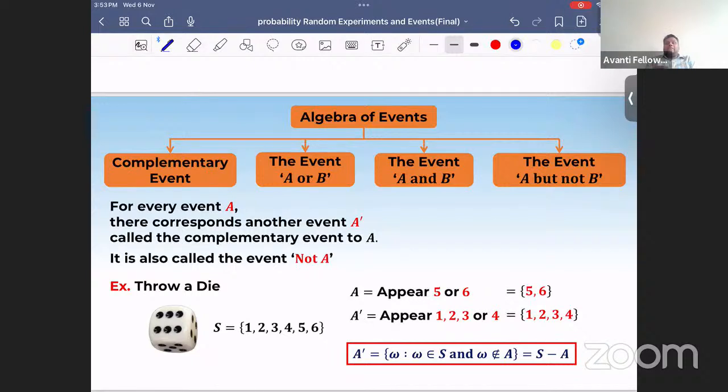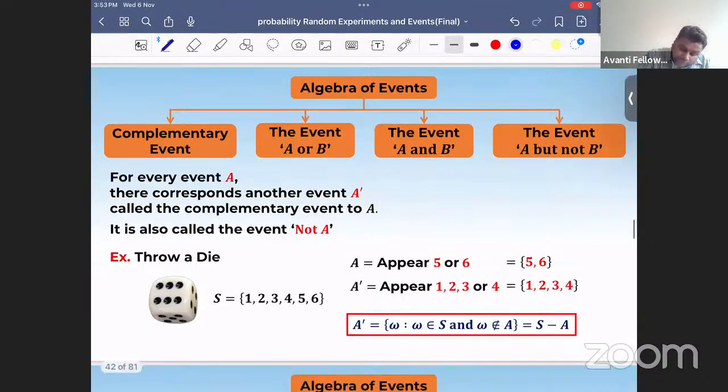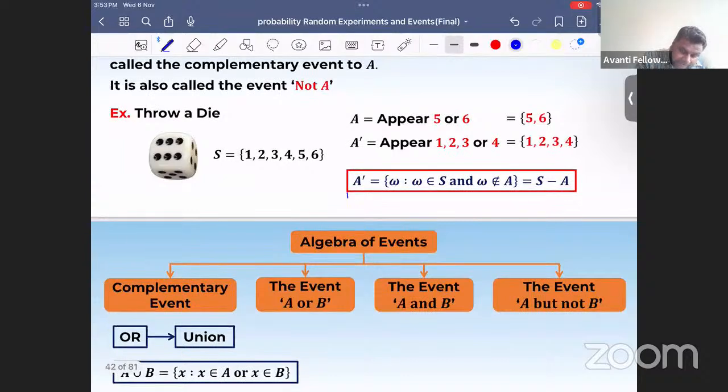So A complement is occurrence of 1 or 2 or 3 or 4. So A complement consists of all those elements which belong to the sample space but which do not belong to A.